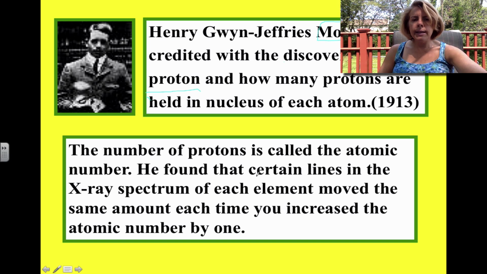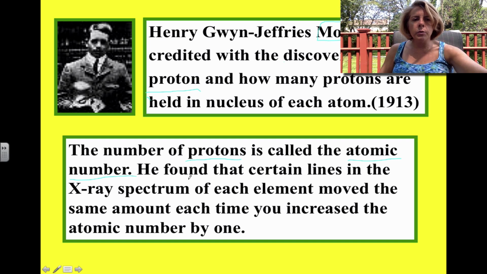And he actually helped with the periodic table a lot. A lot of people hear about other scientists that created the periodic table. He's probably instrumental in creating what they call the atomic number. So he determined that each element had a specific number of protons, and those protons gave it an atomic number.